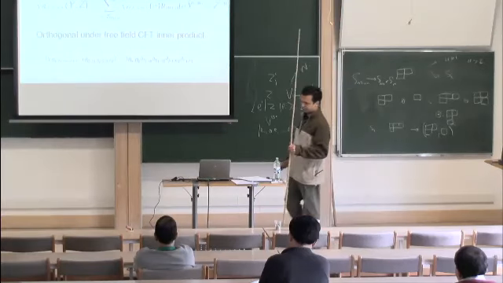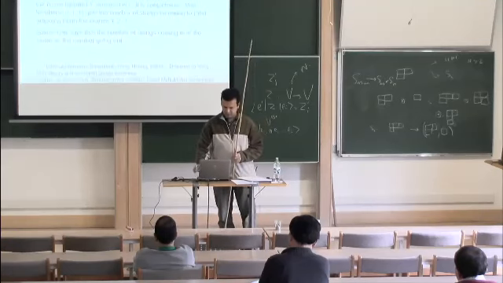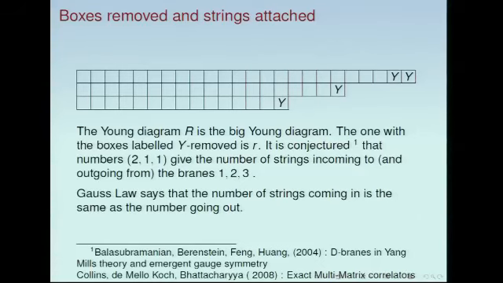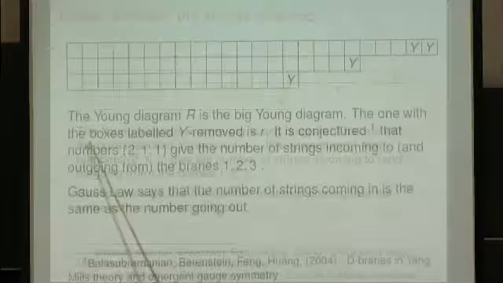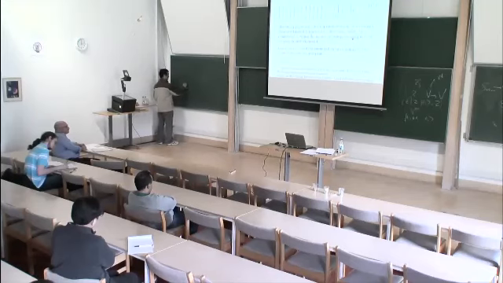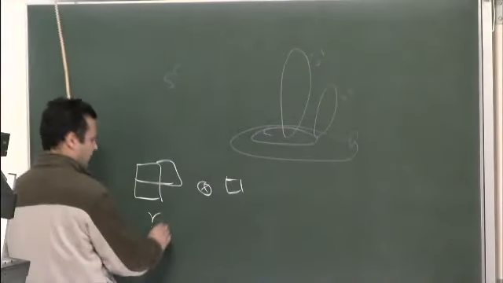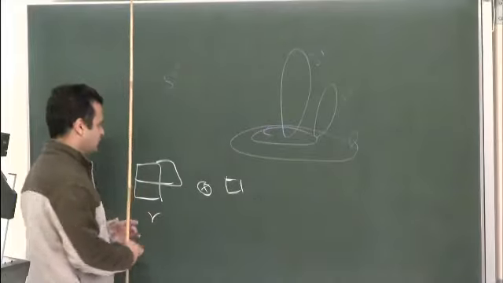Okay, so if I have some Young diagrams in my labeling before, so if I showed how to put together one Young diagram, this will be in my application, this is little r.